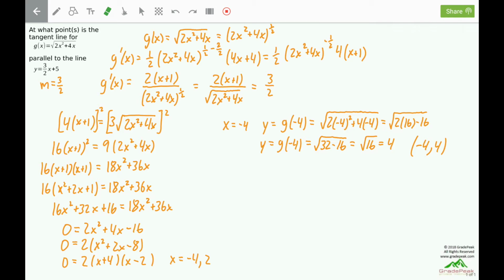Now we have that other x-coordinate of 2. The corresponding y-coordinate will be g of 2, which will be the square root of 2 times 2 squared plus 4 times 2.